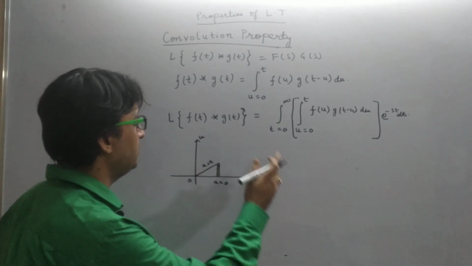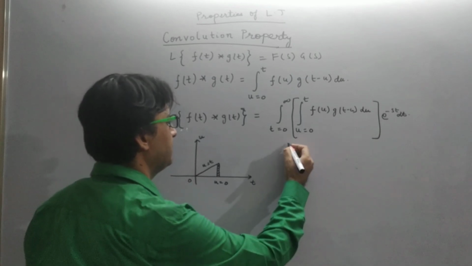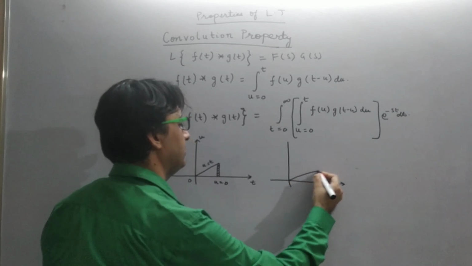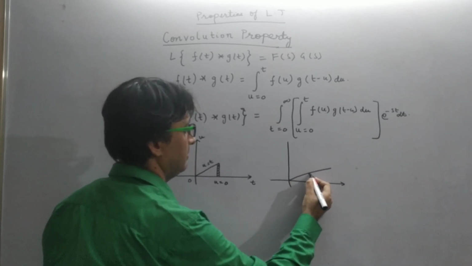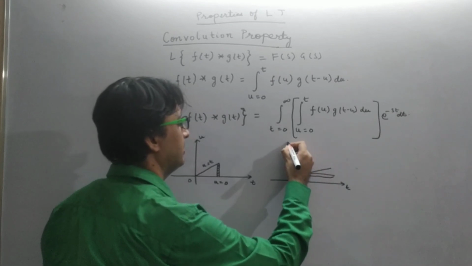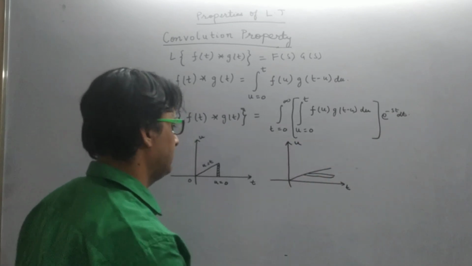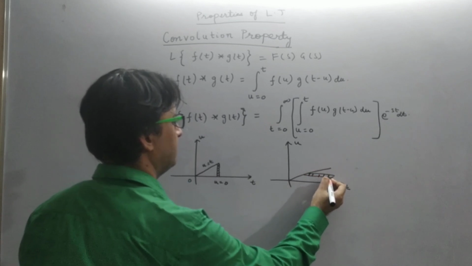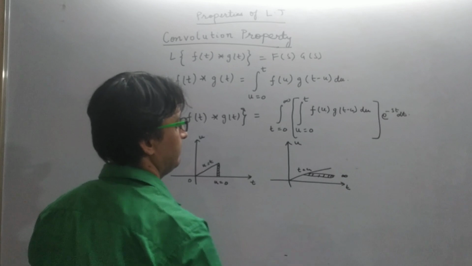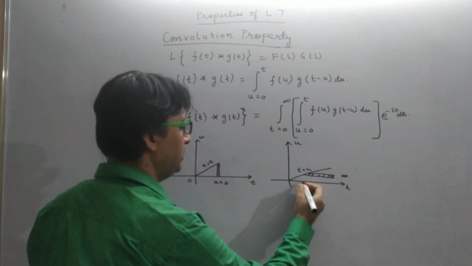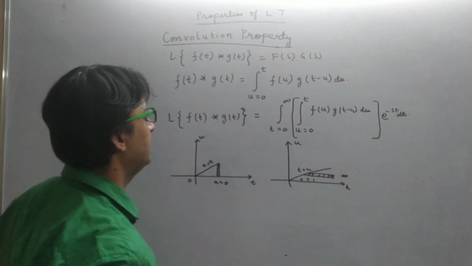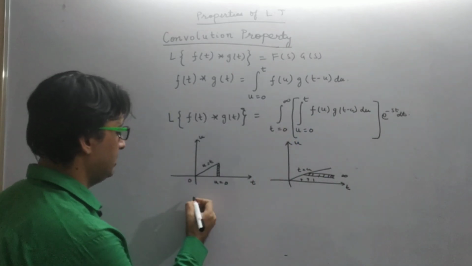Now we are going to change the order. So when we do so, what does it become? This is our t, this is our u. So our strip becomes: here t is equal to u to infinity and u is 0 to infinity, meaning this region. So now we can change the order.